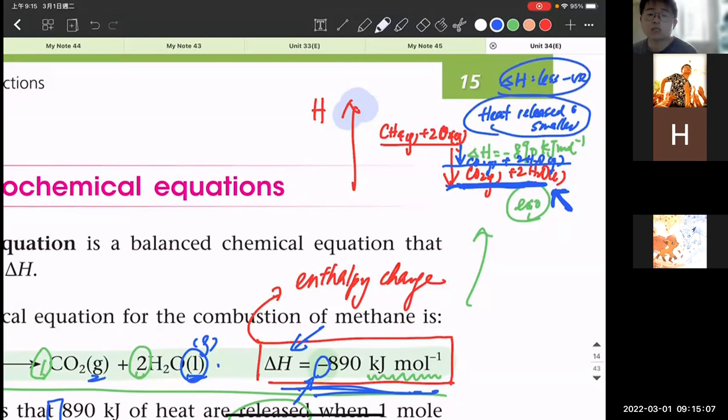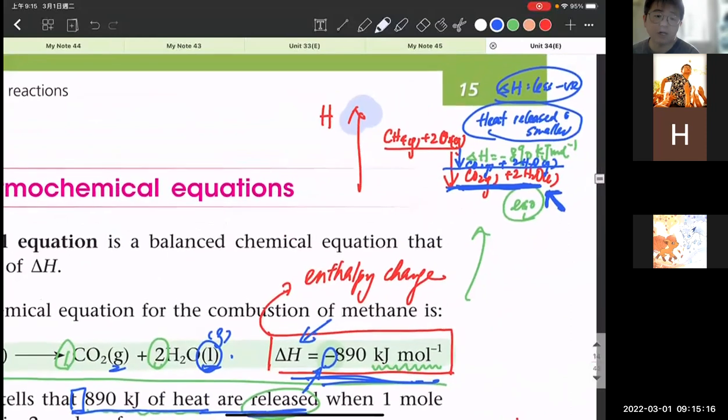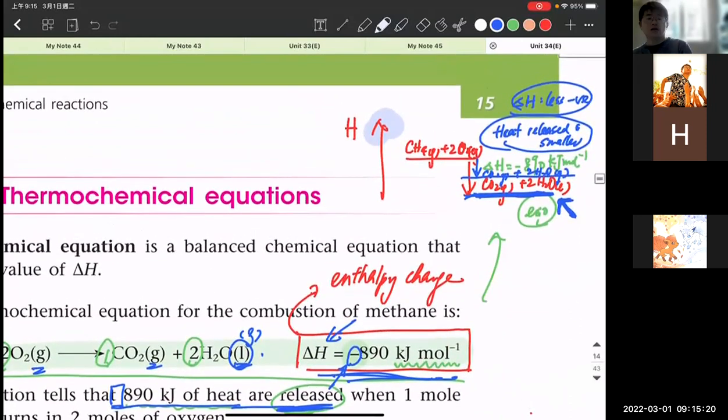Now, what is the meaning of that? It seems that you are going to raise the enthalpy level when you have a change of state. It does make sense that the higher the temperature, the enthalpy level, the energy content of the chemical, will be higher. So that's why we say that the level corresponding to steam will become higher.